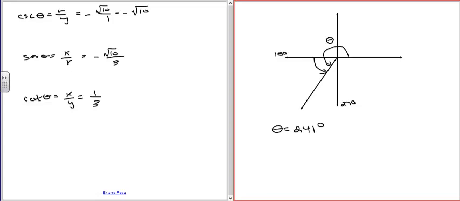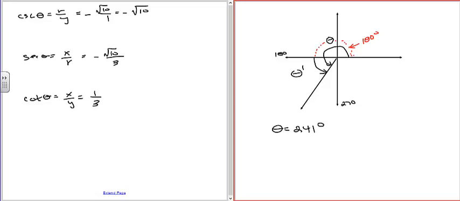And what is this angle? You can see that theta is made up of two parts. It's made up of this angle and then plus this little bit. So this is what we call the reference angle, theta prime. And the red here is just 180 degrees.